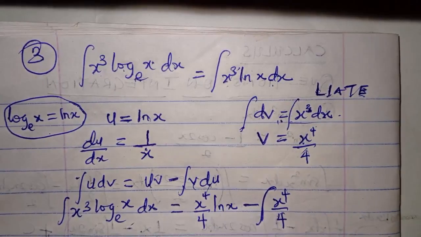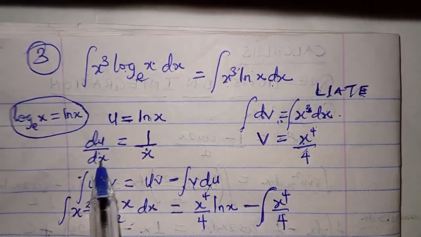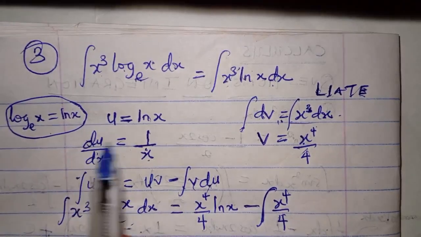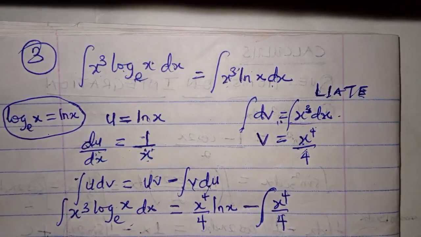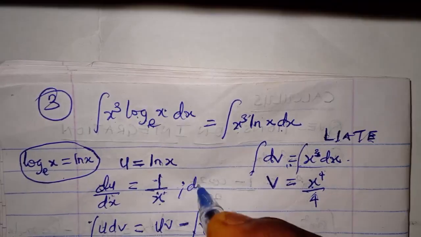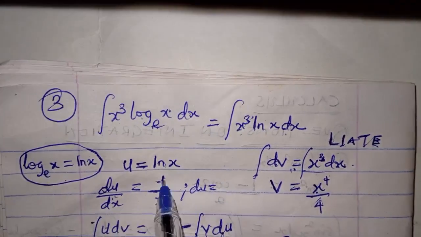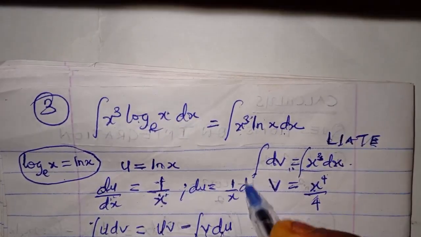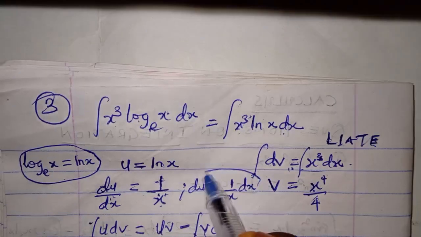Okay, watch. du dx is equal to 1 over x. So if I make du the subject of the formula here, it will be du equal to, dx will multiply this, that will be 1 all over x dx, right?